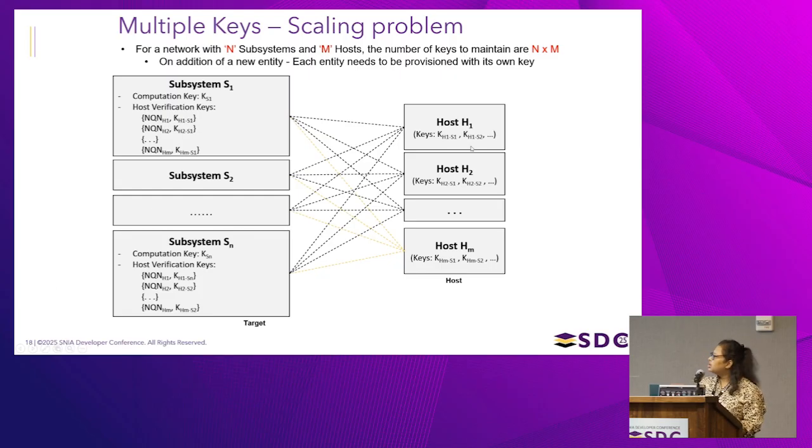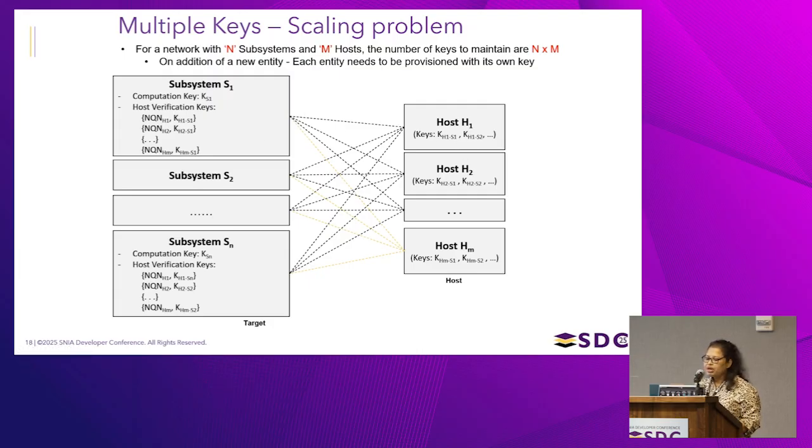So in this diagram, I'm showing the scaling challenge. I think it is very much self-explanatory. I'm taking the case of multiple keys per entity, where each entity is mapped with multiple keys.